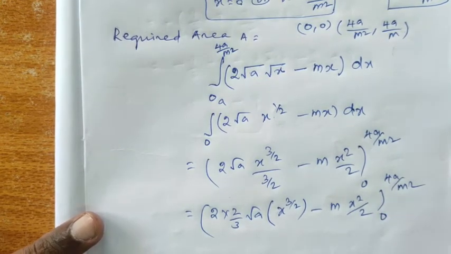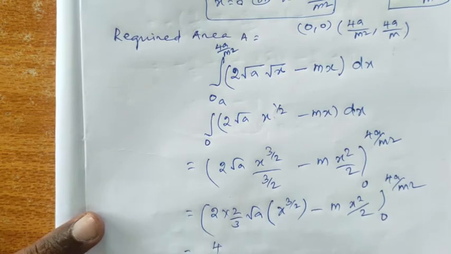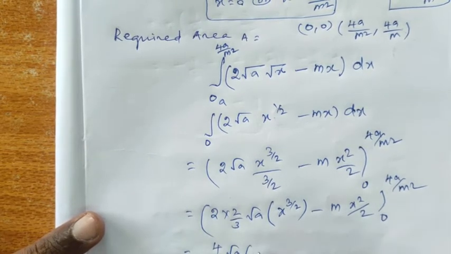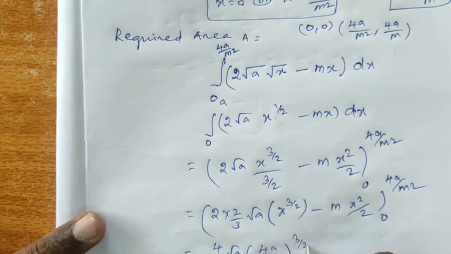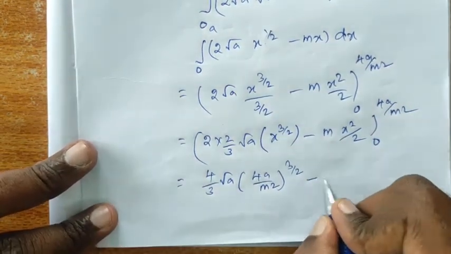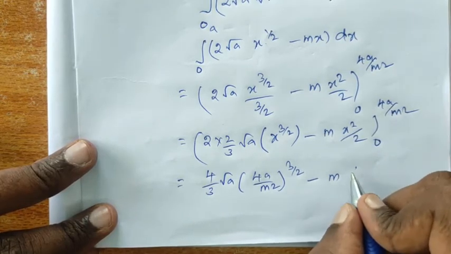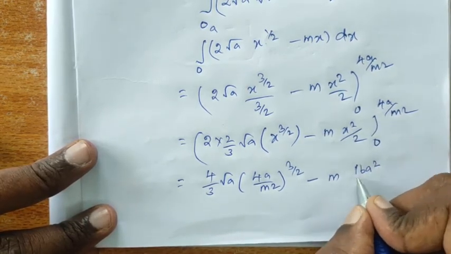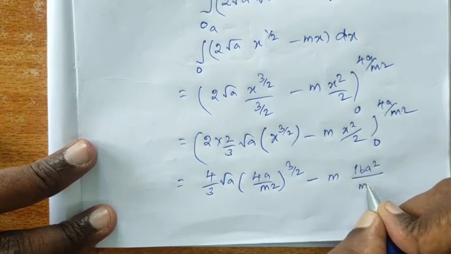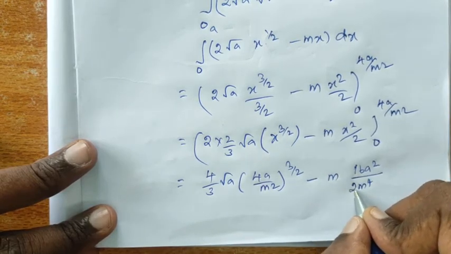So apply the limits. We get 4 by 3 into root a into (4a by m square) whole power 3 by 2, minus m into, instead of x square, 16a square by m power 4, into 2.